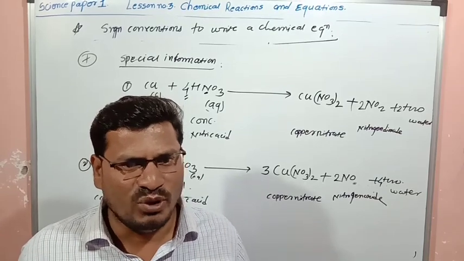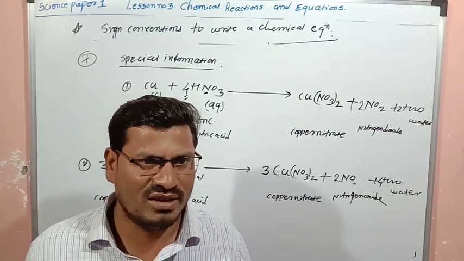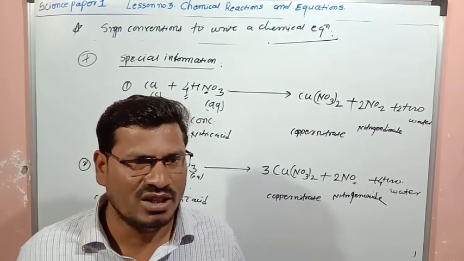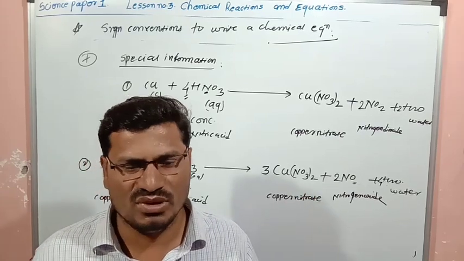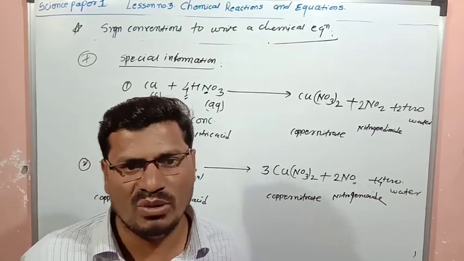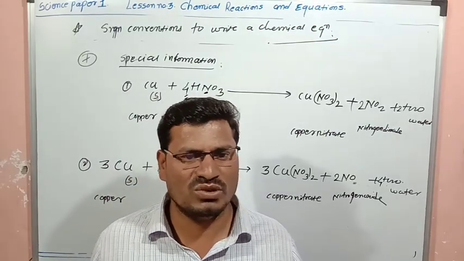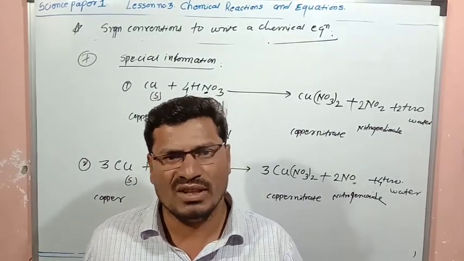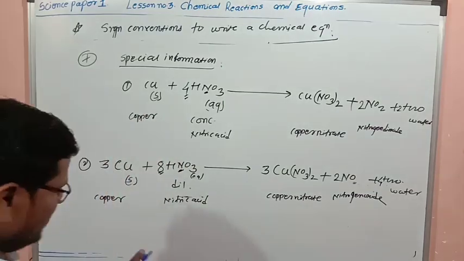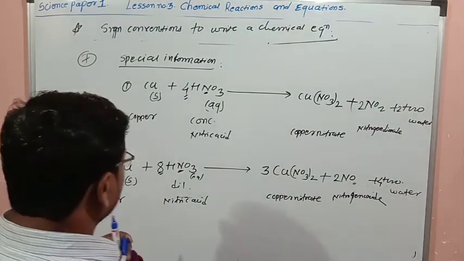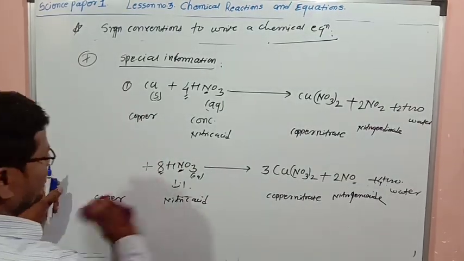So these are the points on how to write the chemical equation with the help of sign convention. Those 7-8 points we have learned. After this we are going to learn about the importance of the chemical reaction.